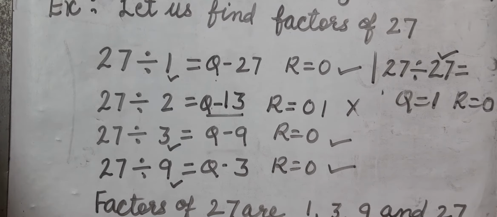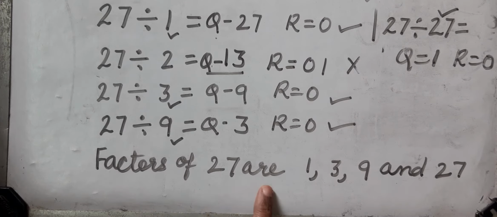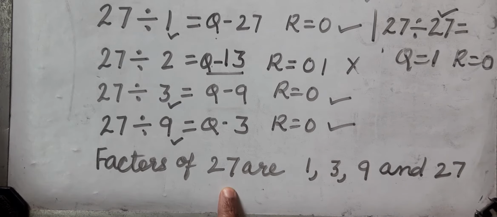So here you can see the factors of 27 are 1, 3, 9 and 27. What does it mean? 1, 3, 9 and 27 divide 27 completely without leaving any remainder. So these numbers are called factors of the given number.